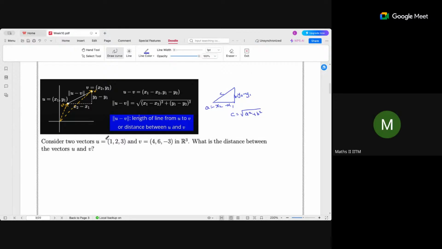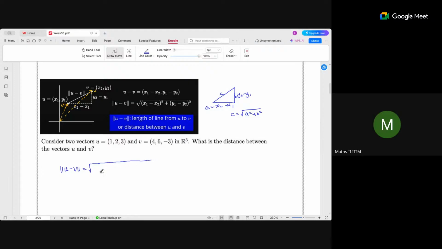So how do you calculate the norm of u minus v here? Everyone calculate it quickly. Norm of u minus v. Instead of just x1 and y1, here you have x1, y1 and z1. That's all. So how do we calculate?